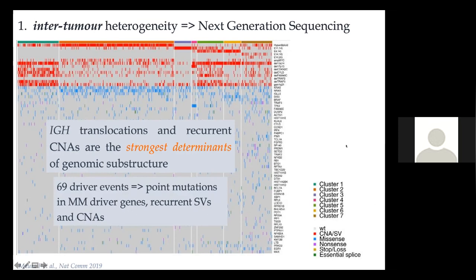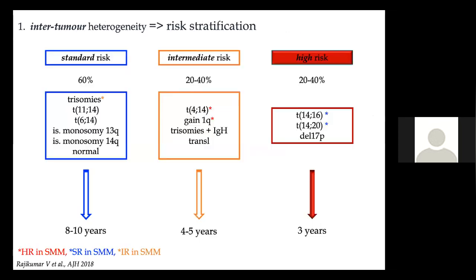identifies several clusters of patients, as shown here, and 7 clusters can be identified. For instance, here we can clearly identify patients carrying odd-numbered chromosomes, the hyperdiploids, and here is the cluster of patients carrying t(4;14). The presence of different genomic aberrations has conventionally been employed to identify subgroups of patients with different prognosis.